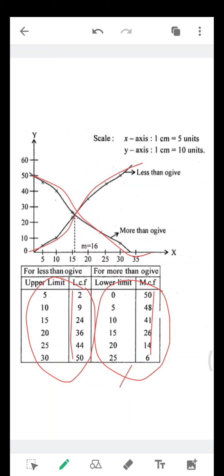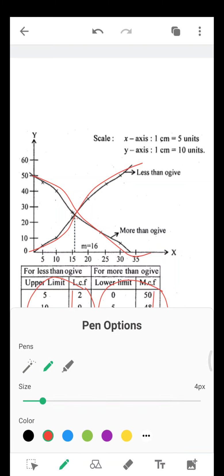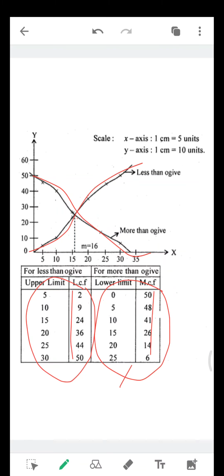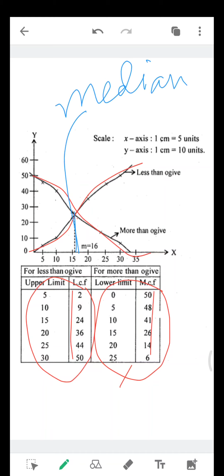These two graphs meet at a point, and through that point you draw a perpendicular on the x-axis. Can you see this dotted line? The perpendicular which is dropped on the x-axis will give you the median of this data. So this is another method of finding median. Keep this in mind.